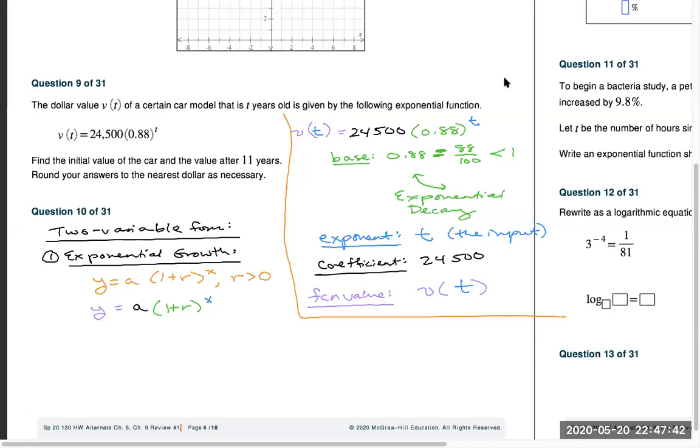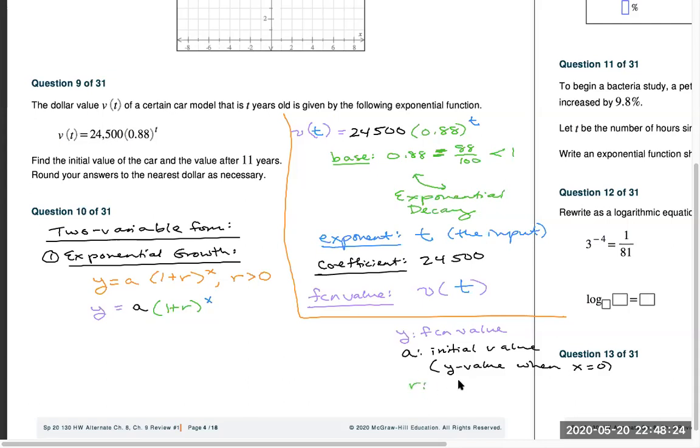So let me put what these values are over here. Y is your function value. That's still going to apply when we put it in function form. A, your coefficient, is your initial value, which is essentially your y value when x is equal to 0.